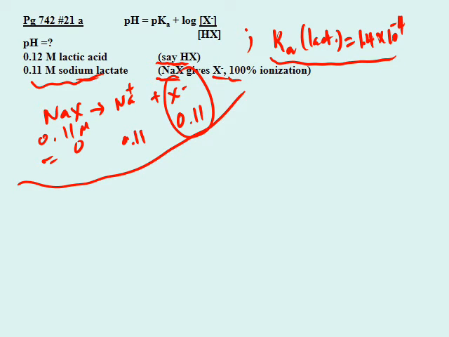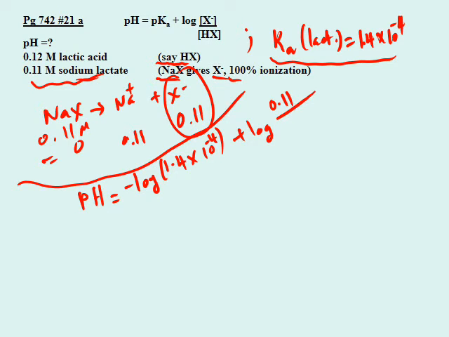So let's now plug in the numbers. pH equals pKa, which is minus log of, we already know the Ka value, 1.4 times 10 to the negative 4, that's pKa, plus log of conjugate base concentration, which is X minus concentration, which is 0.11, divided by conjugate acid, which is lactic acid, 0.12.